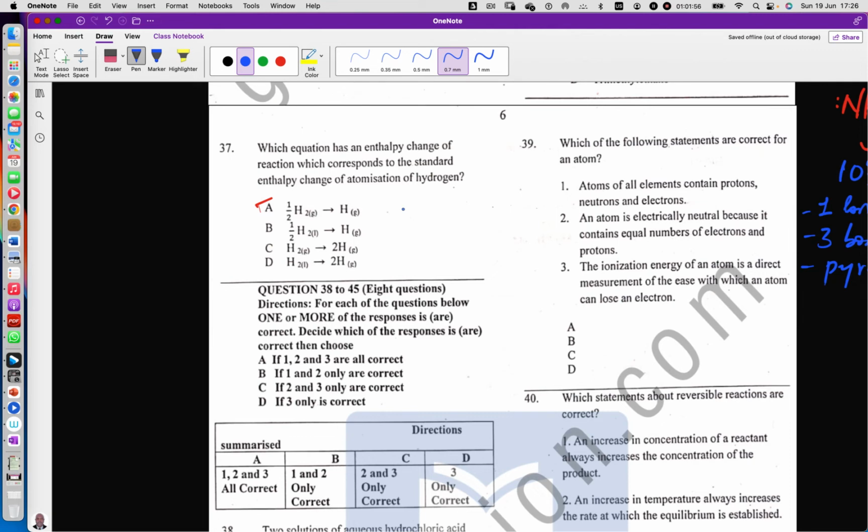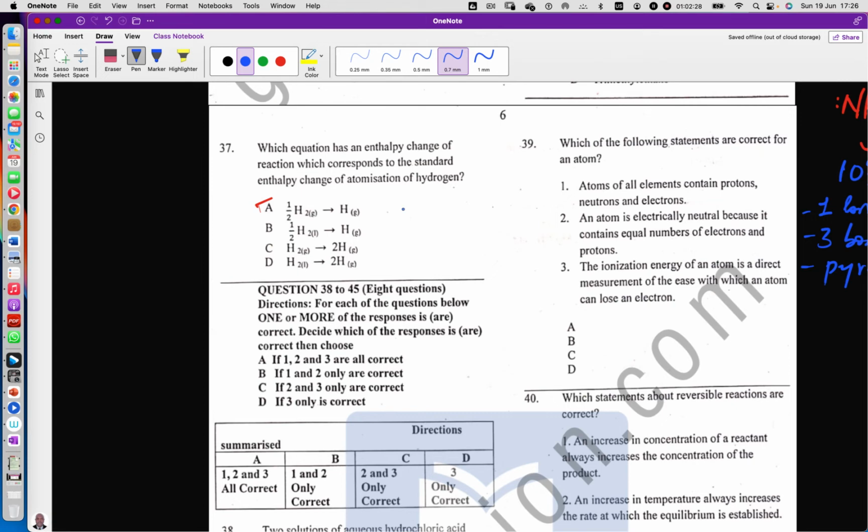You need to know atomic structure. The atom is composed of what? Okay, atoms of all elements contain proton, neutron, and electron. That is wonderful. 2, an atom is electrically neutral because it contains equal number of electrons and number of protons.